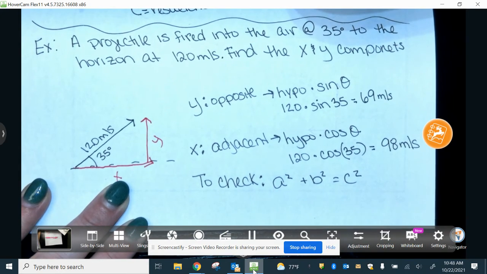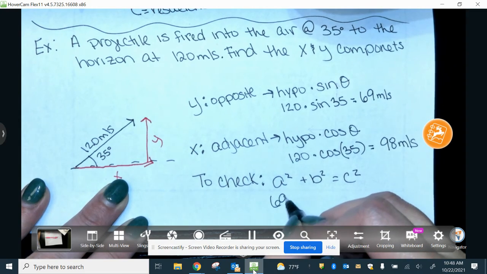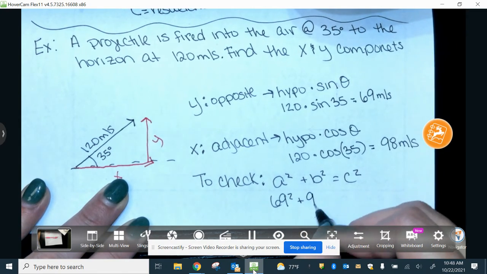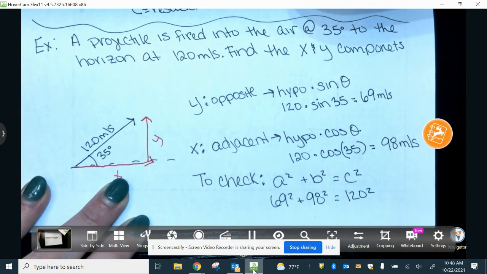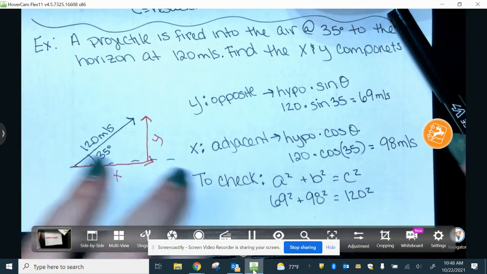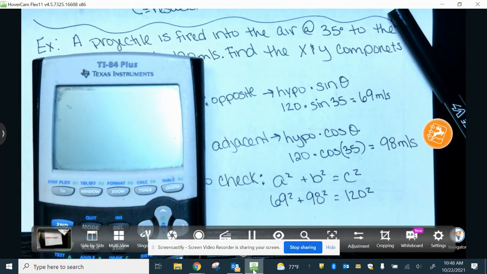To check it, a squared plus b squared equals c squared. Hopefully, 69 squared plus 98 squared equals 120 squared.